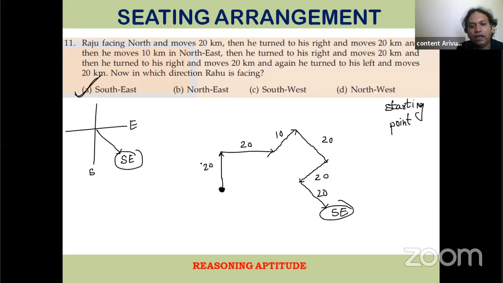Okay, and we'll understand there's not much theory part here. Mostly it's about how we arrange people in a line. So let me give you a little bit of theory introduction about seating arrangement. In the book, normally they have covered two or three types actually.